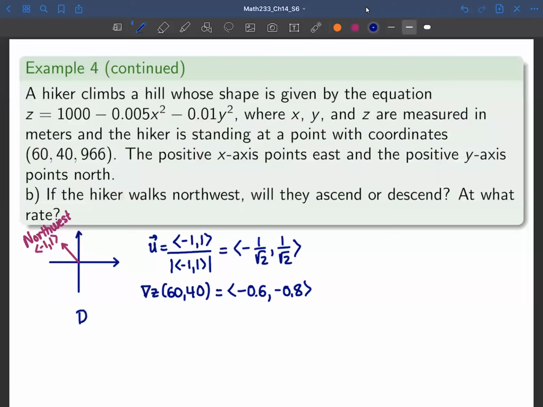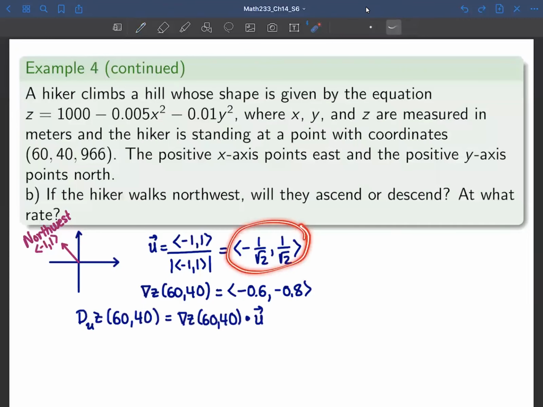Therefore, the directional derivative of z in the direction of u at the point 60, 40 will now be given by the gradient vector of z at the point 60, 40, dot product the new unit vector that we just found, which has components -1 over square root of 2 and 1 over square root of 2.